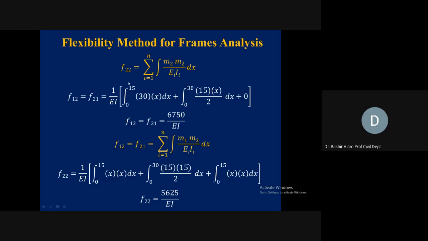And for F22 we are using this equation, M2 times M2 divided by EI dx. So for member AB it is x times x, for member BC it is 15 times 15, and for member CD it is x times x now, and limit is from 0 to 15, so it is giving us 5625 over EI.